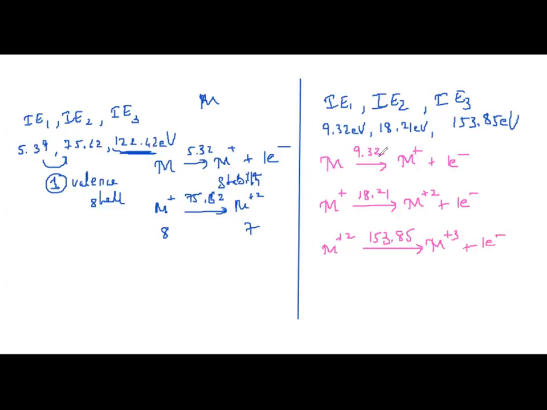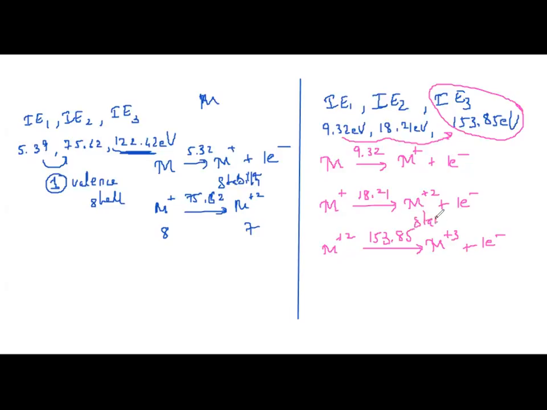There is a sudden jump in the third ionization energy. It indicates that the electron being removed is not a valence electron. It is some other electron from a stable configuration.